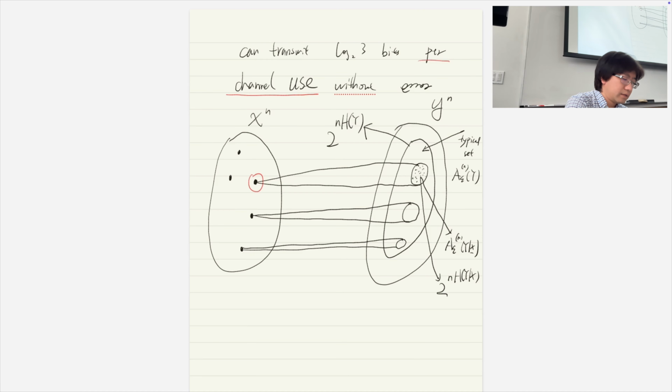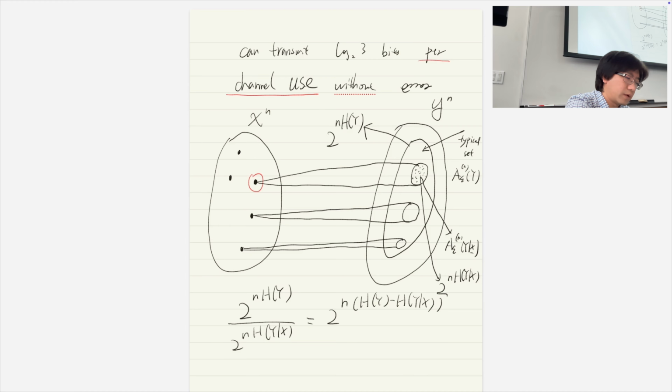So this is the total number of symbols in a typical set, divided by the total number of points in one conditional typical set. If you use that, then what you get is the number of code words you can have. Basically, that's your channel capacity, okay? So this equals 2 power of H(y) minus H(y given x), right?